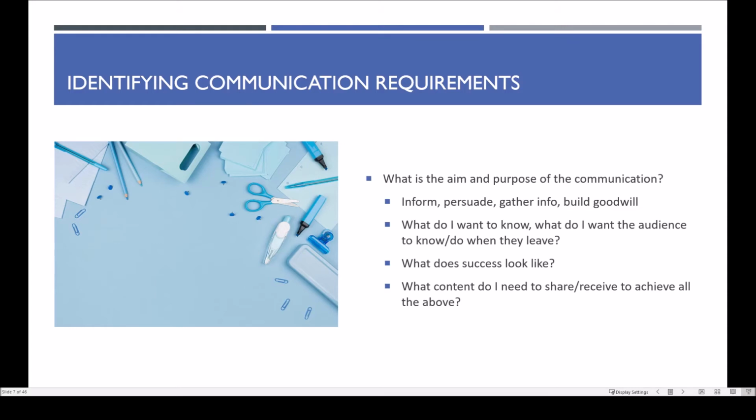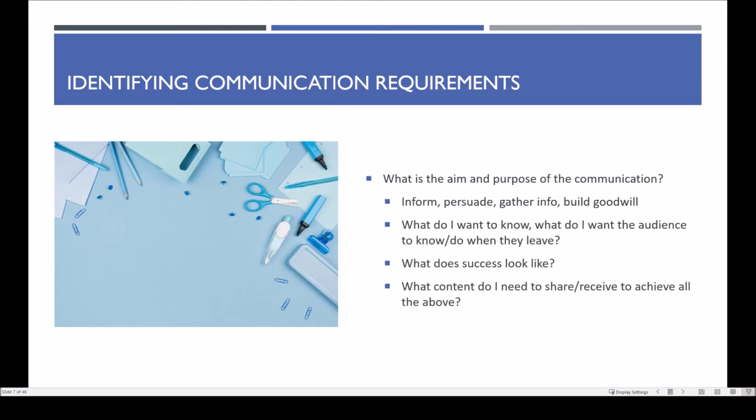And to do that, I need to really understand my audience. I need to know who they are, what they want out of this, what do they already know about it, and what are their goals and aspirations from this communication or this interaction we're going to have. And then that leads on to think about what does success look like at the end of this communication.